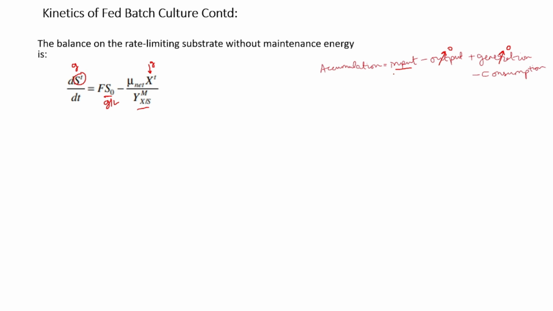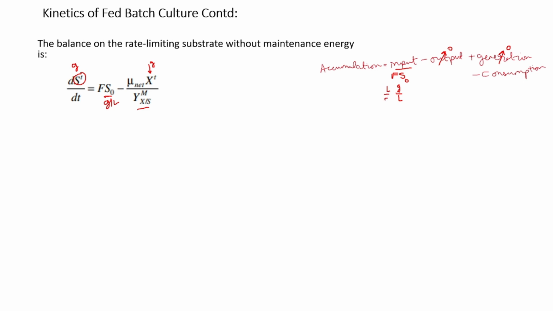So input is F S0. Why F S0? We are doing mass balance. What is the unit of S0? It is grams per liter. And what is the unit of flow rate? It is liter per second.